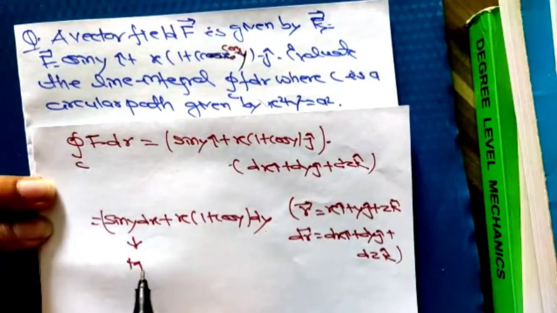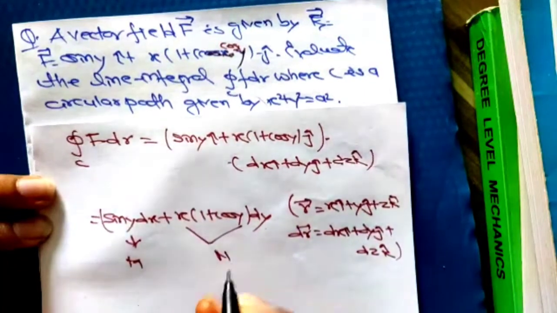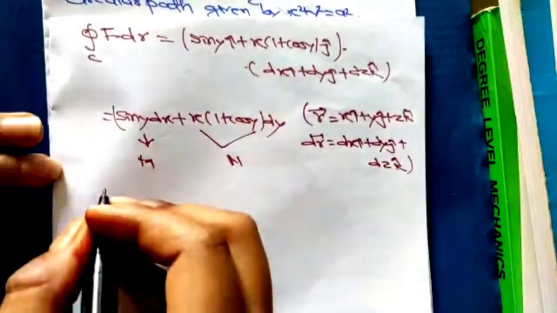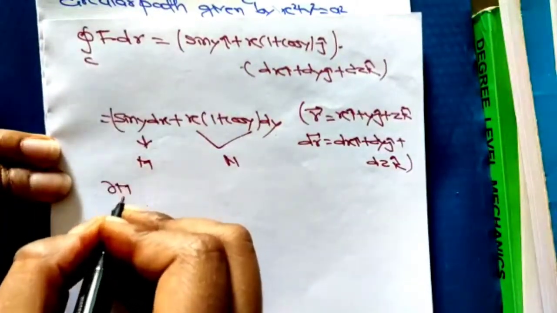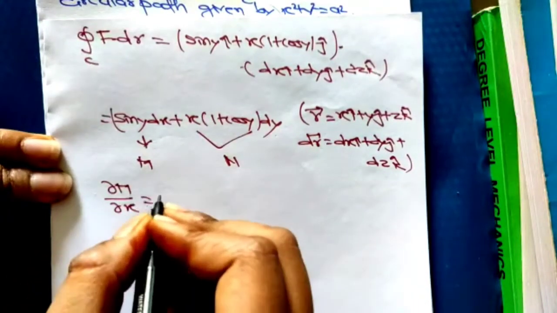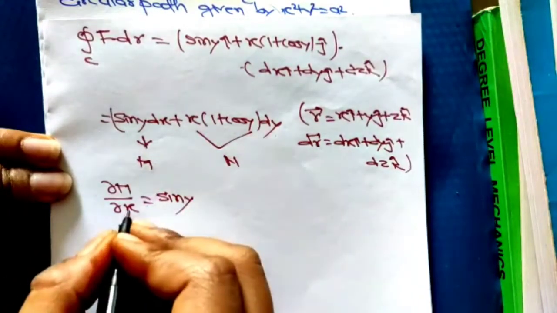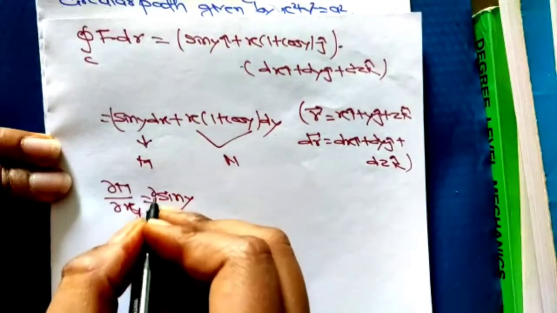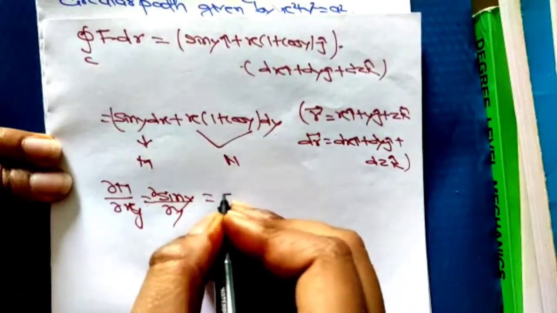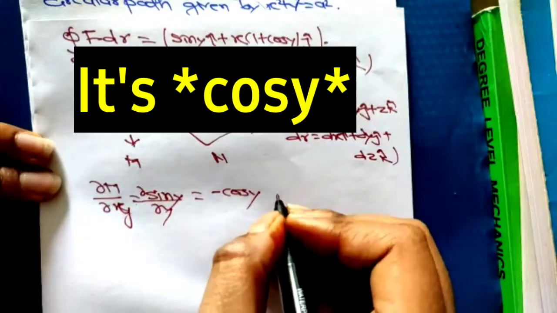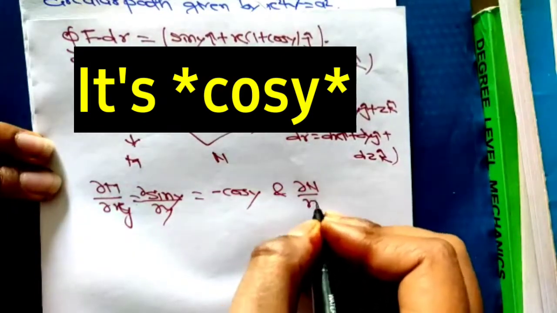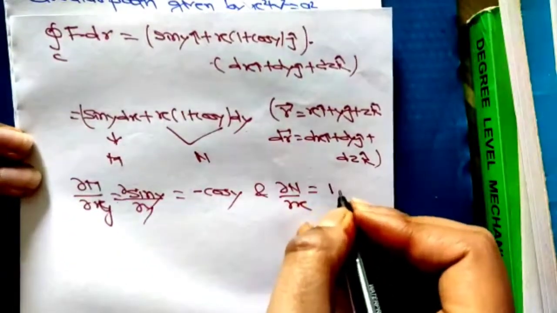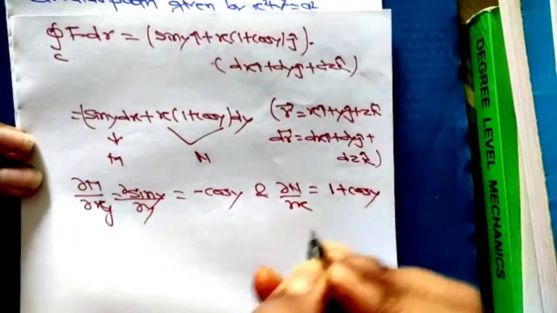This is the M and this part is N. Now it is visible. So we have to find ∂M/∂y, that is the derivative of sin y, so we get cos y, and ∂N/∂x, we get 1 + cos y.